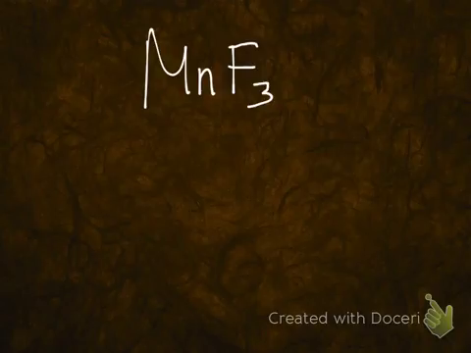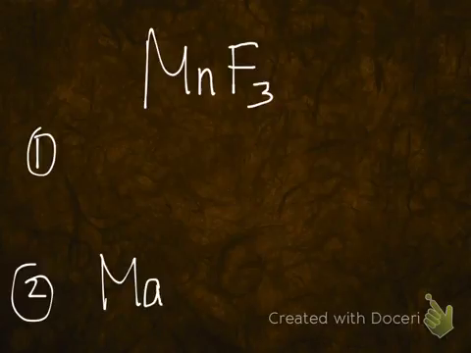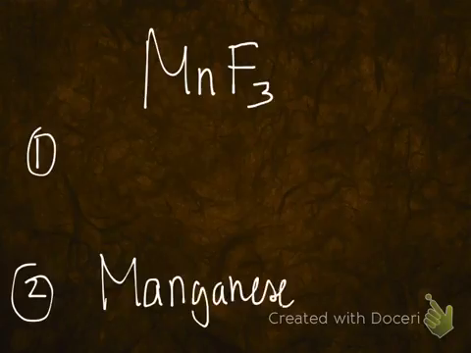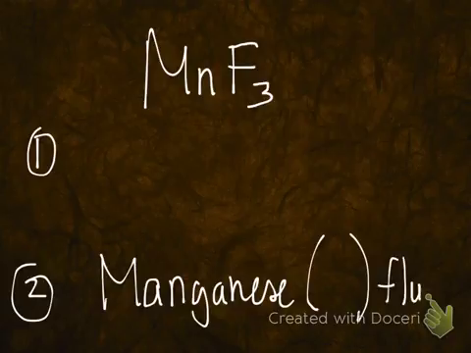MnF3, what do we call this thing? Well, again, starting at the final step, is it manganese or is it magnesium? It's manganese. And hopefully if you went to write magnesium, you immediately went, no, that's not a transition metal. Can't be.